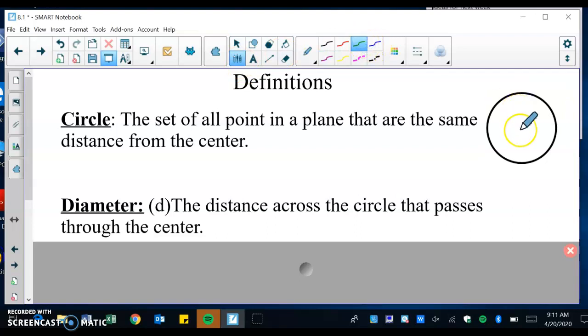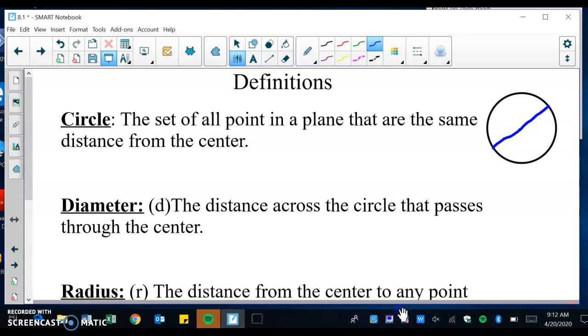So the diameter crosses through the center point. From one side to the next, crossing through the center, that would be my diameter: the distance from one side to the other through the center of the circle.